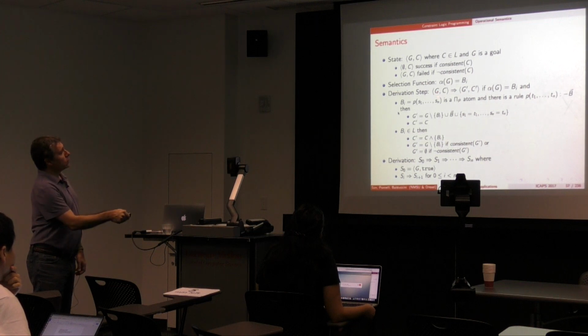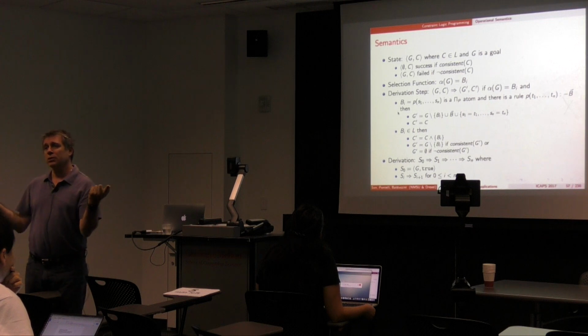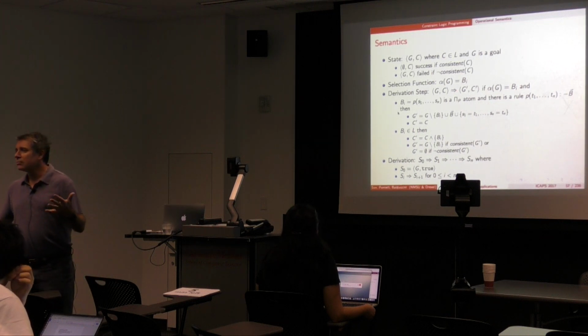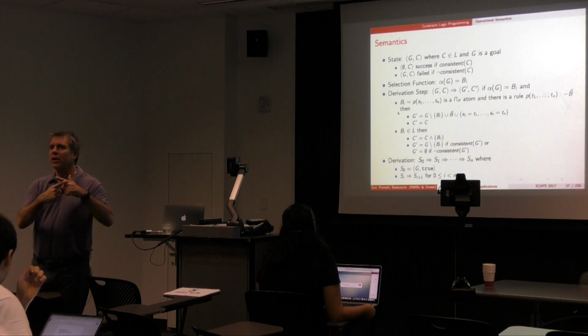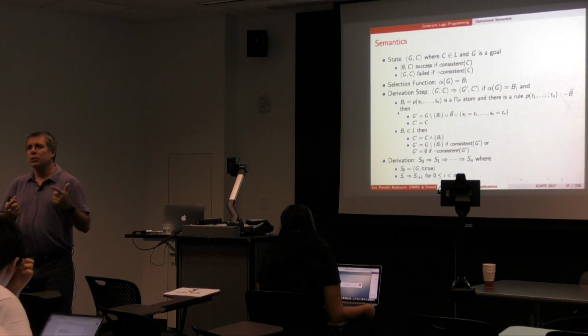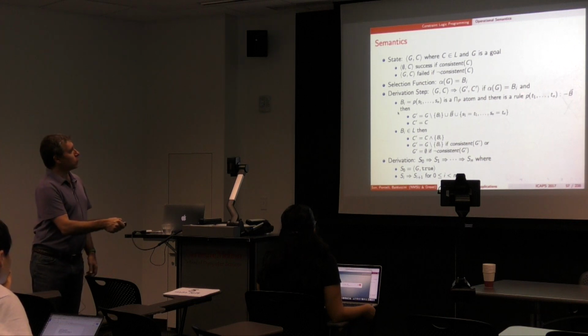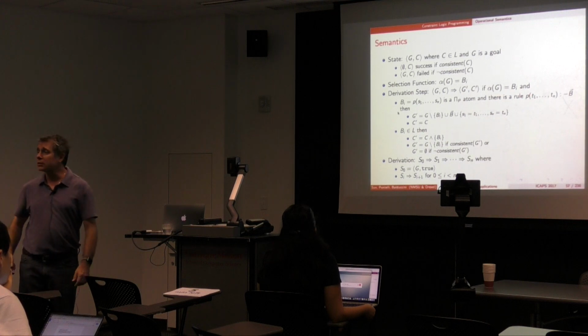And then we define one derivation step, which goes from one state to the next state. And of course, there are two possibilities here. If the element that I'm selecting is a standard logic programming atom, which means not part of X, then I'm just going to use the traditional resolution. So I'm going to look for a rule in my program where the head looks like the element that I've selected.